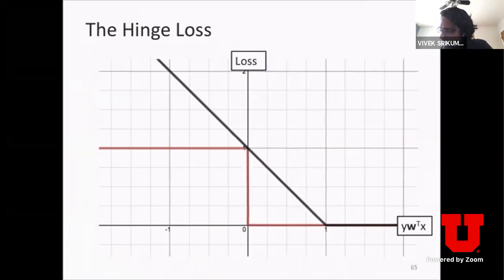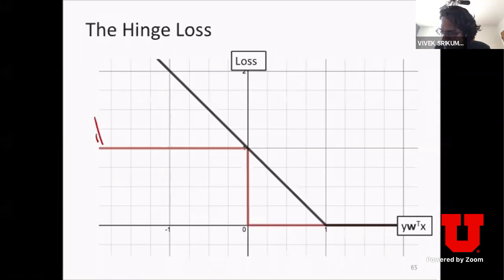On the horizontal axis, I have this quantity yw transpose x. On the vertical axis, I have the penalty for misclassification. Imagine that we are thinking of a particular example, x comma y, and we are asking, what should be the penalty for a linear classifier that's defined by W?